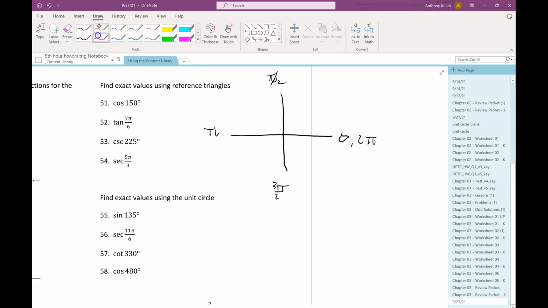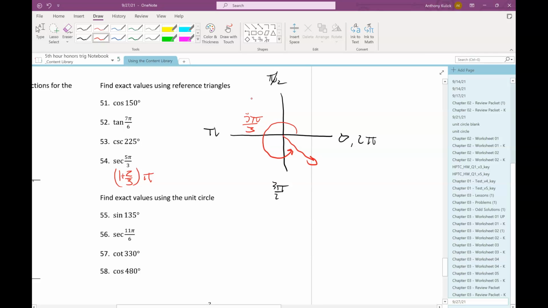Either is fine. So 5 pi over 3 is basically 1 2/3 pi, right? Is that okay? Yeah. Okay. So that's going to be somewhere over here then. Little bit more than 1.5.